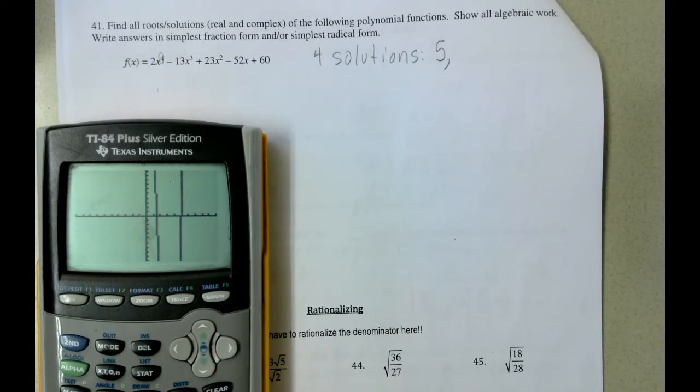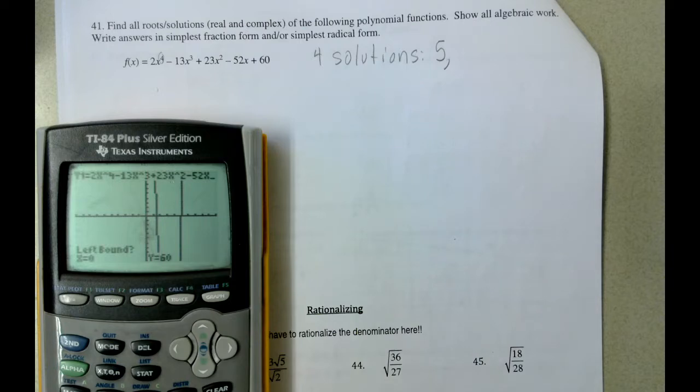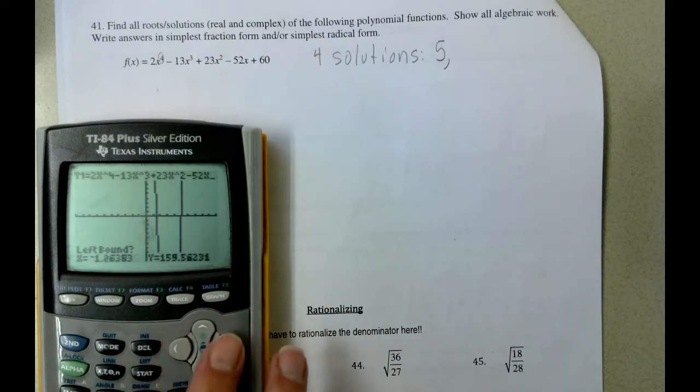And now we can figure this solution out by going to second, trace, and 0. And we're going to go a little bit to the left. Got to find my cursor. Oh, there it is.